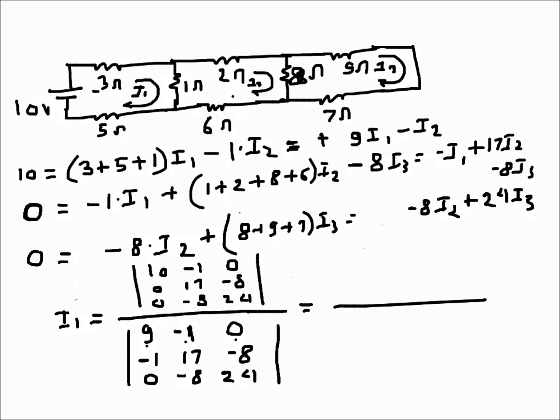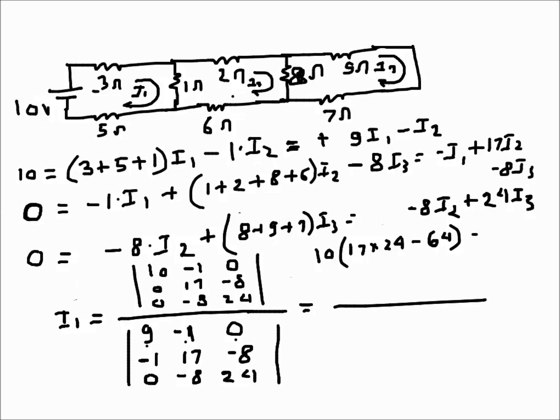If I solve this, it will be 10 here, negative 1, 10 here, and 17 into 24 minus 8 into minus 8, which is plus 64, so minus 64.